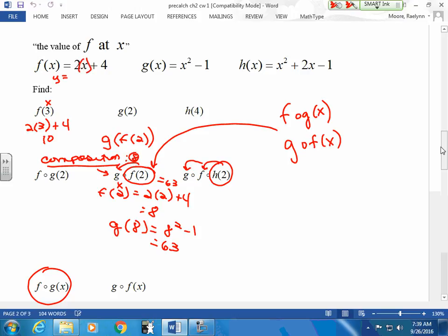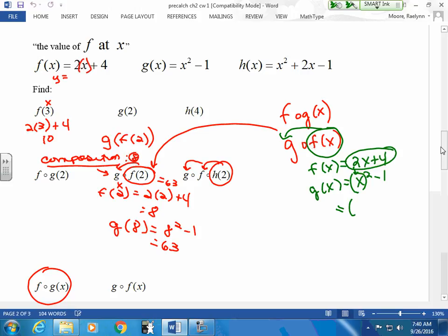So we're going to take f, still start at the right, go to the left. The easiest way to do this is write this one first. Take this whole thing and plug this into any x. If there was more than one x value, I would plug it into both of those x values.